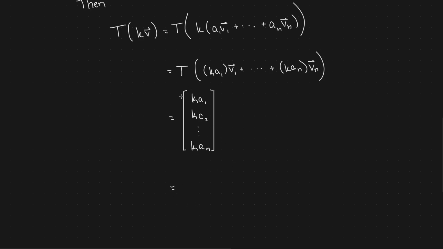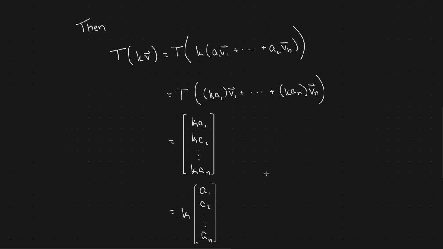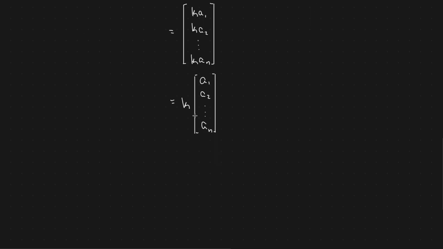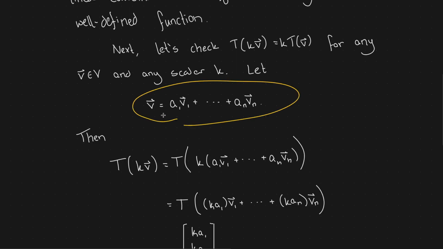But now this is just a vector in Rn. So I could pull out the scalar k. And a1 to an, that's just the transformation on vector v, because these are the coefficients in the linear combination that give me vector v.